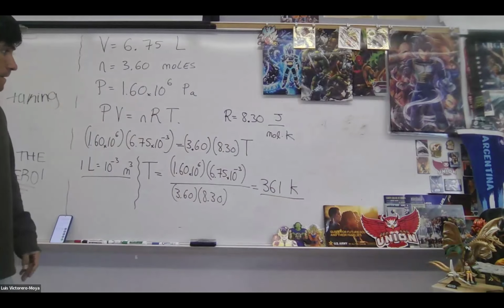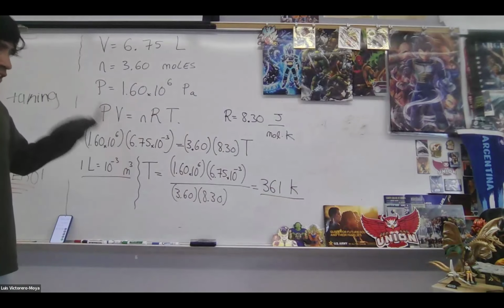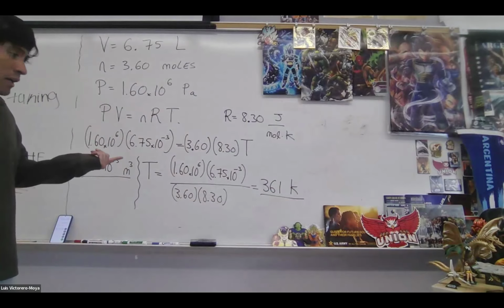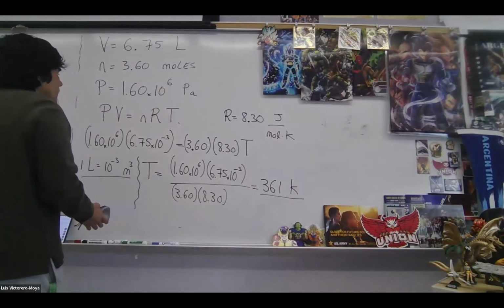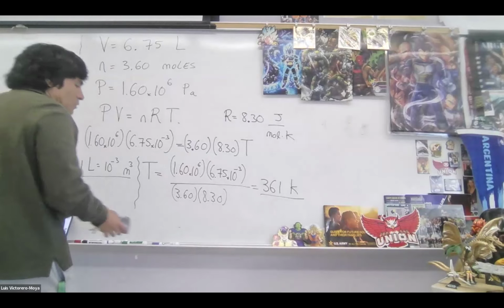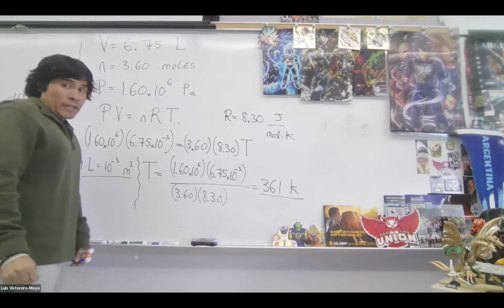And if I want to find the average kinetic energy of this molecule for this gas, then I just have to use the equation I used at the beginning, 3/2 kT.